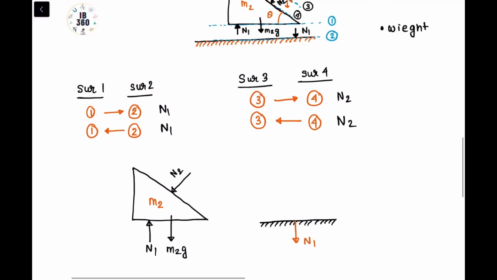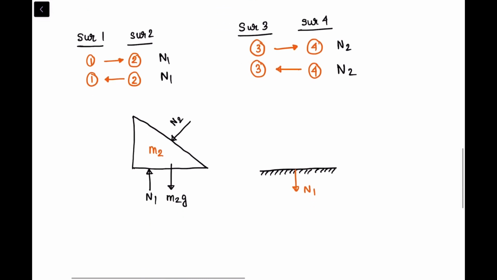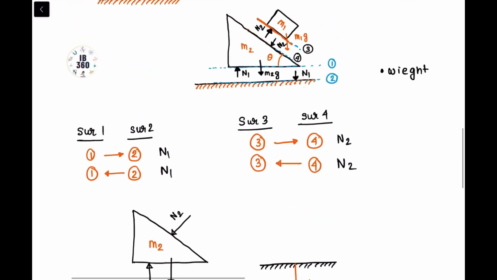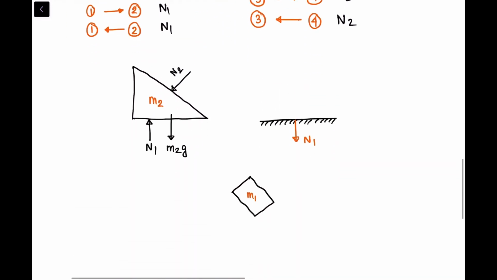And for the m1 mass, this has a mass m1. Over here this will be our N2. The weight of the body, m1g, will be acting downwards.